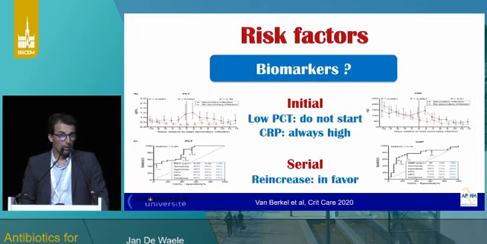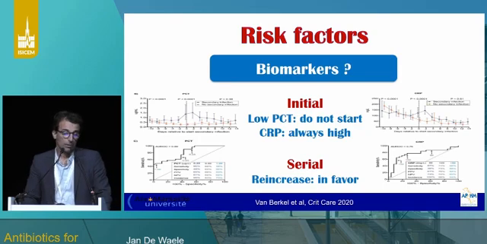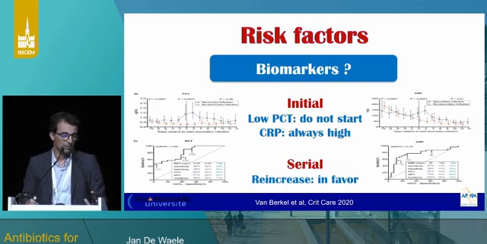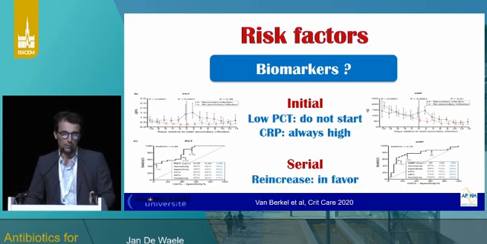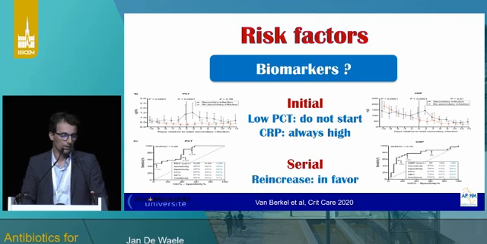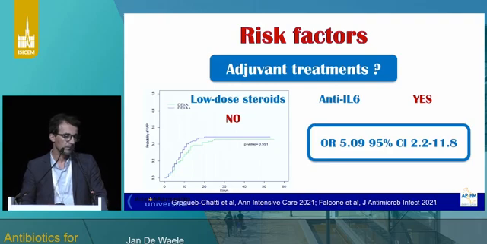We can use biomarkers, but as usual, biomarkers cannot provide a very good response. At the initial phase, if you have a low PCT, you cannot start antibiotics. CRP is not useful. And when you use serial biomarkers, each time you have a re-increase, that's in favor of reinfection.